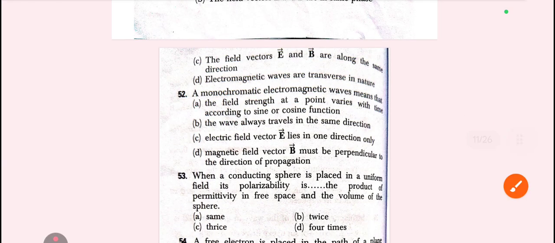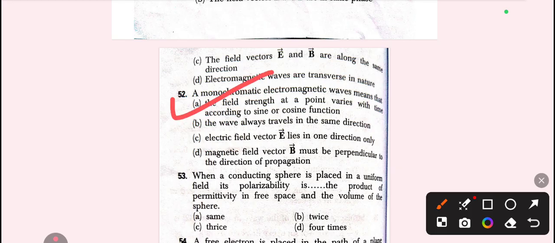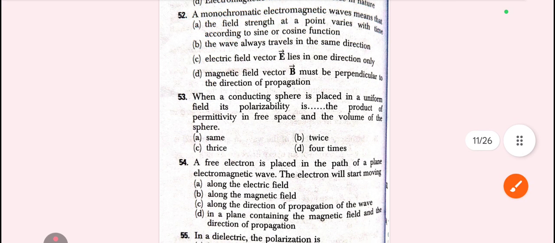Question 52. Read this question. A monochromatic electromagnetic wave means that the field at a point varies with time according to a sine or cosine function. When a conducting sphere is placed in a uniform field, its polarizability is thrice, directly.